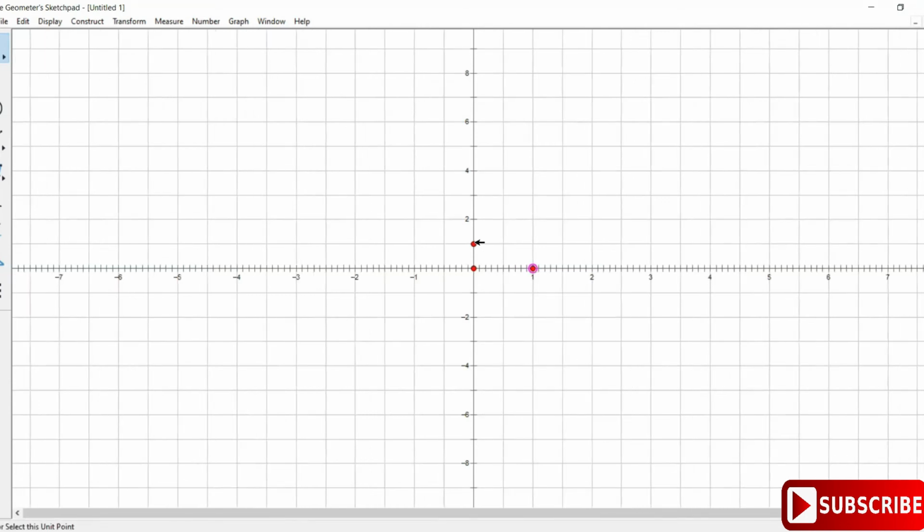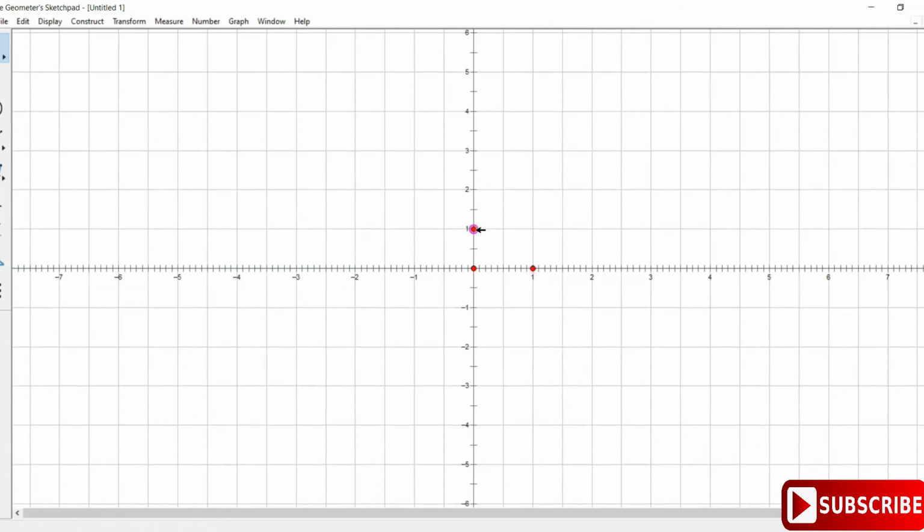Just to open it a little bit so I can see the fraction better. 14 over 9 for the x value is 1.555, somewhere between 1.5 and 1.6. Somewhere right here is 14 over 9.